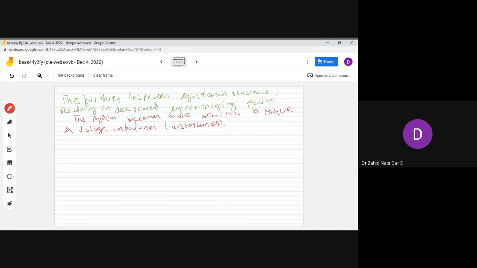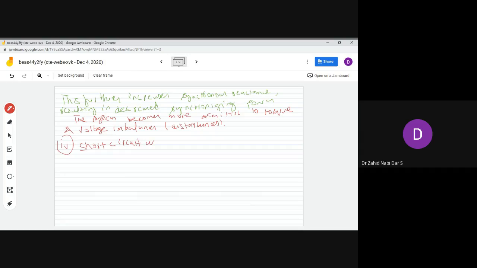Now another thing is that a small value of SCR indicates a smaller value of current under short circuit conditions, owing to the large value of synchronous reactance. This is not a problem because the short circuit currents can be limited by the synchronous reactance. So this is another thing we have to see, the short circuit current, and what other factors it is affecting. This is the short circuit ratio. What about the short circuit current?